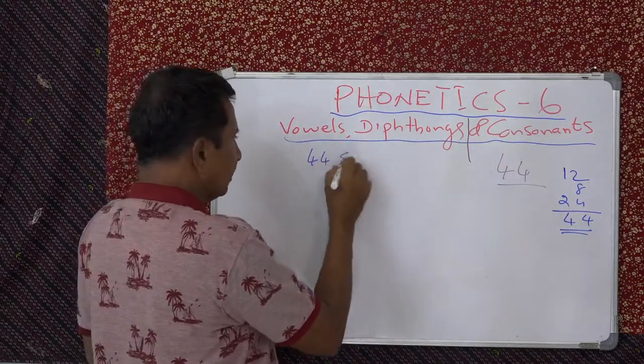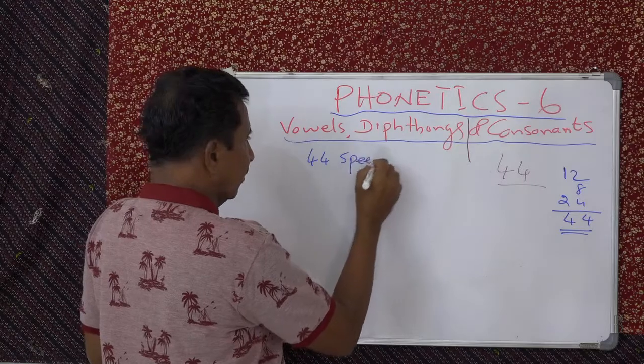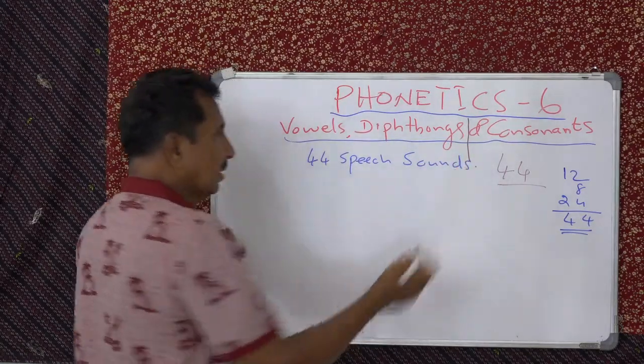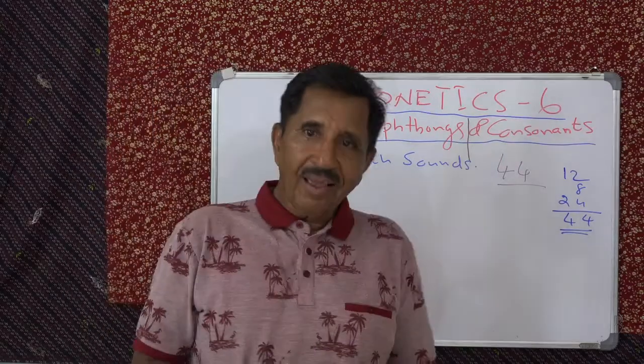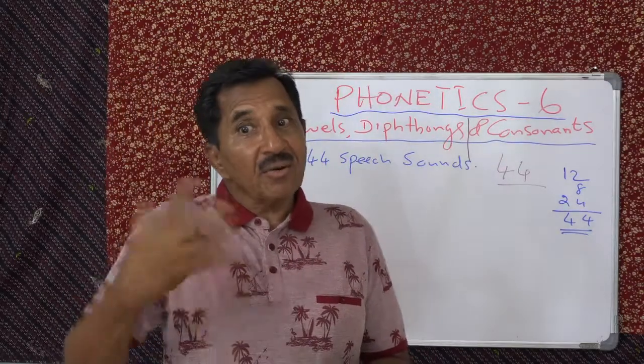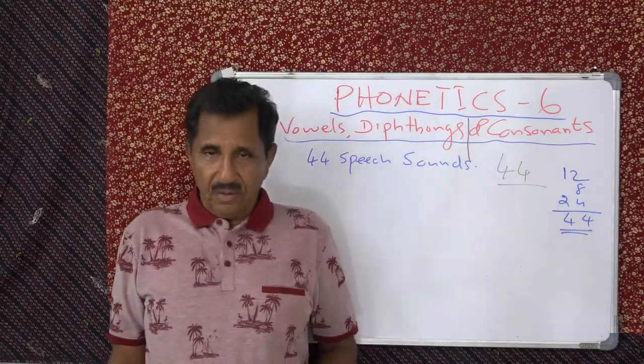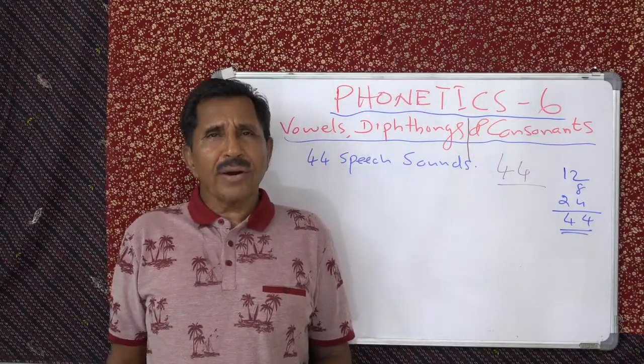These are the 44 speech sounds. Why do you call them speech sounds? Because they are used for speaking. There are many sounds which are not used for speaking. You can make any number.